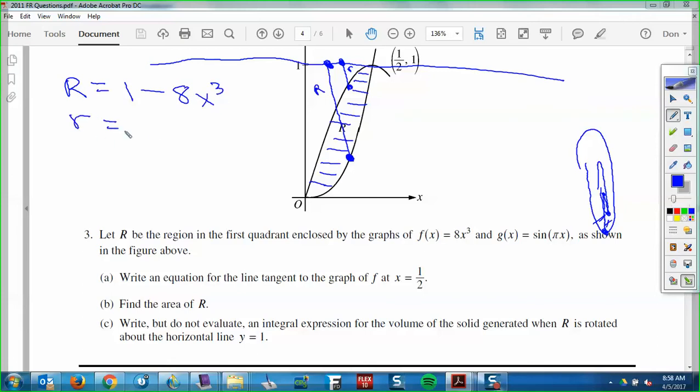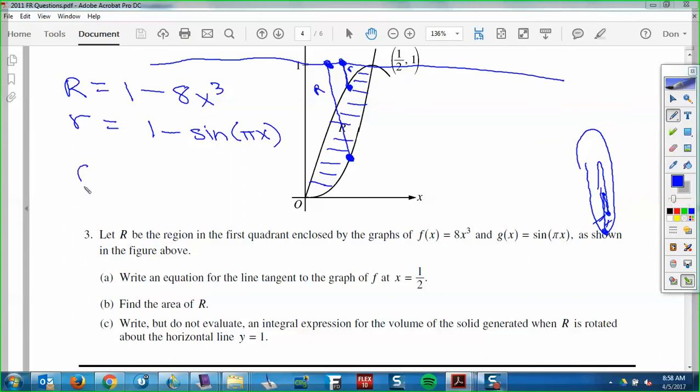What's little r? Emily, what's little r? 1 minus sine. There we go. Now we're getting it. All right? Got to draw your picture. Got to think of your slice. Got to draw the radius. The radius has to come from the center. The center is the axis of revolution. You got to picture the slice if it's helpful, but this is big R, this is little r.